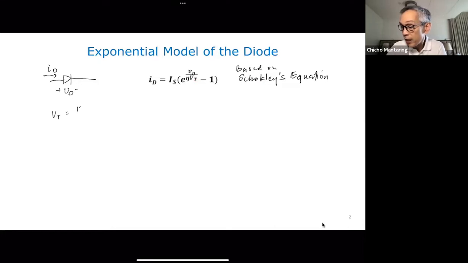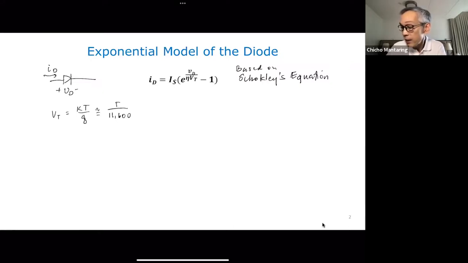Okay, this is kT over q, where k is Boltzmann's constant, T is your temperature in degrees Kelvin, and q is the charge, the equivalent charge of one electron. This is approximately equal to T over 11,600. So if you want to compute for V_T, depending on the temperature, you can approximate that by T over 11,600.